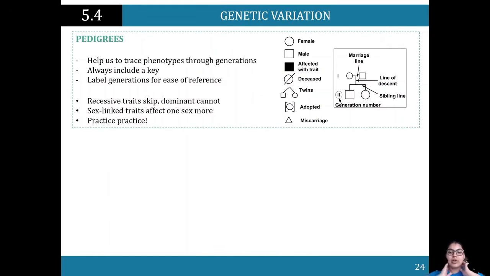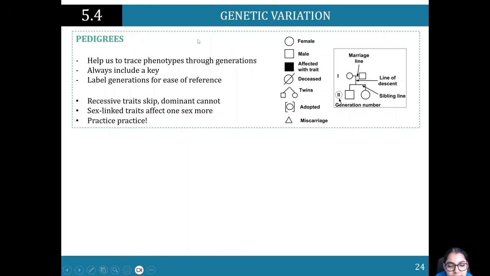So when we come across questions that ask us to work through these inheritance patterns and so on, we make use of pedigrees. Pedigrees help us trace phenotypes through generations, and when we come to draw these, we always want to include a key, and we also want to label generations. So this is what it looks like.